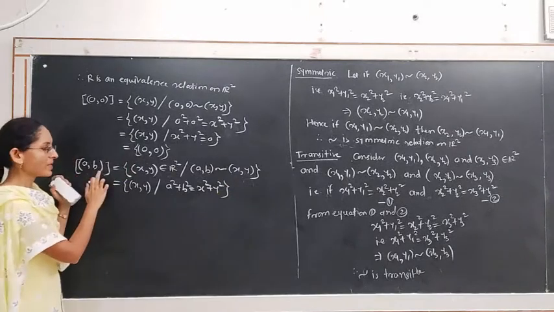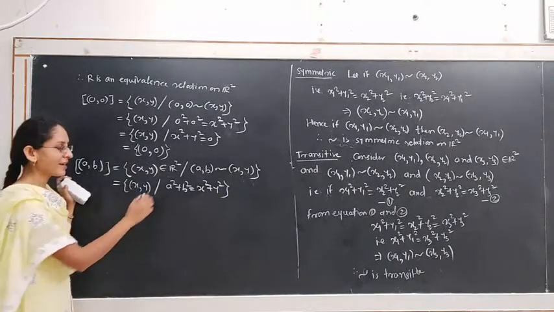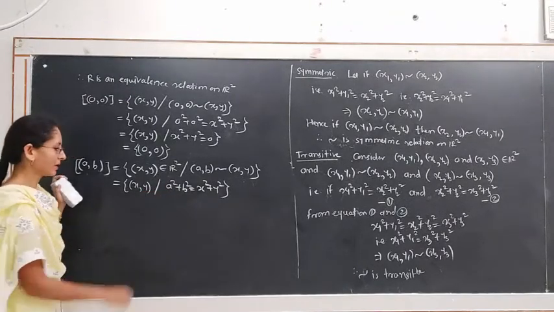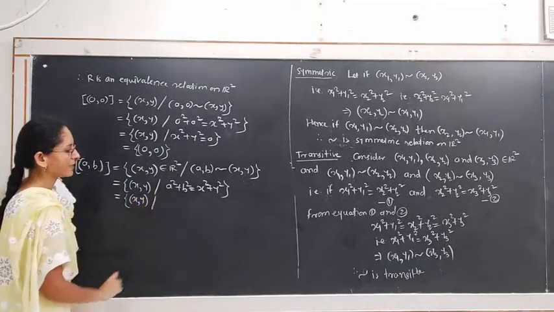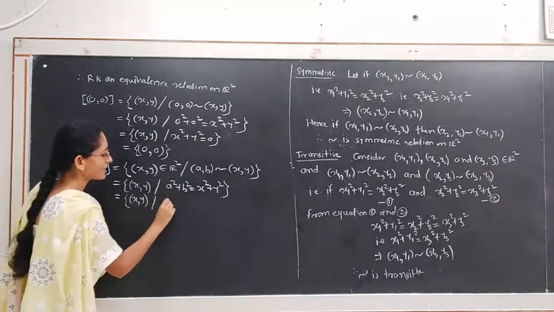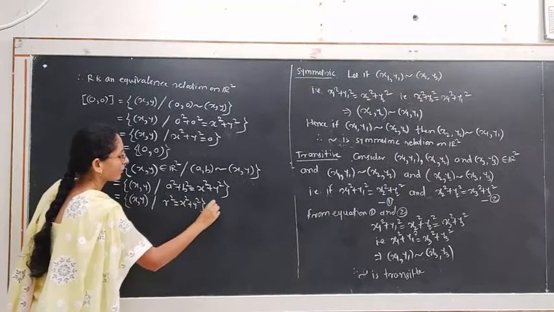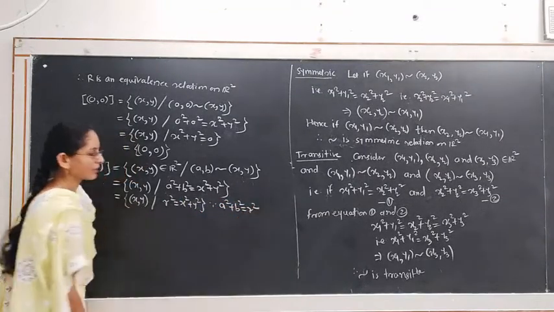Since a, b are fixed real numbers, a square plus b square is a constant real number. This is equal to the set of all ordered pairs (x, y) where, suppose a square plus b square is r square, x square plus y square is equal to r square.